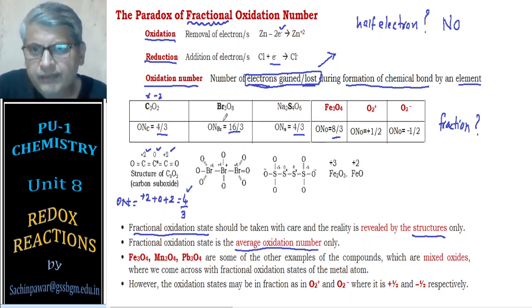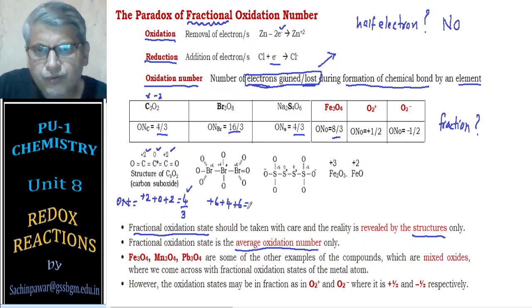Similarly for bromine, there are 3 bromine atoms in the molecule, because the structure reveals that. So it will be plus 6 plus 4 plus 6, that is 16. But since there are 3 atoms, I have to divide, and the average is 16 by 3. So the oxidation number of bromine becomes 16 by 3.